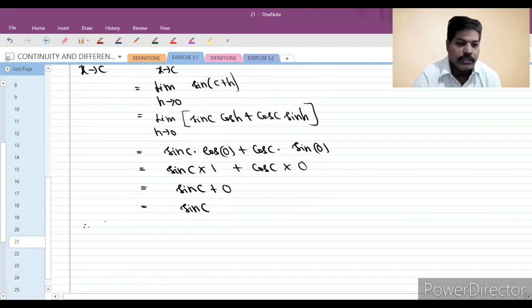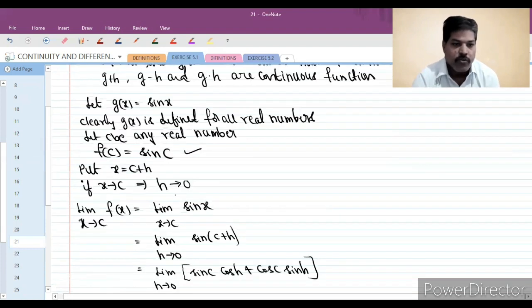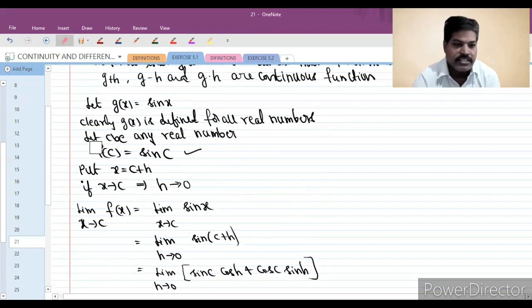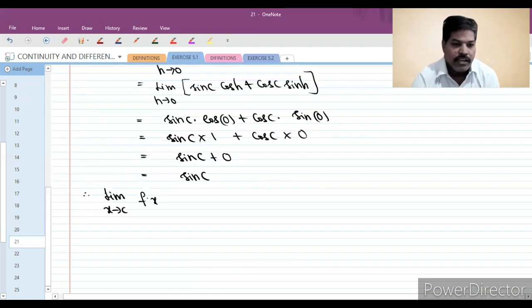Therefore, the limit as x tends to c of g of x is equal to g of c. Here I wrote f actually, but this is g of x.